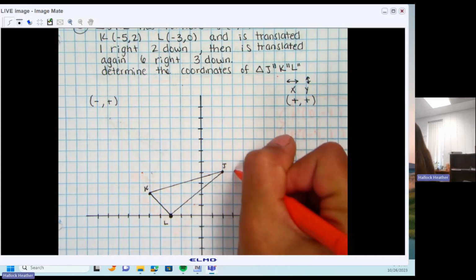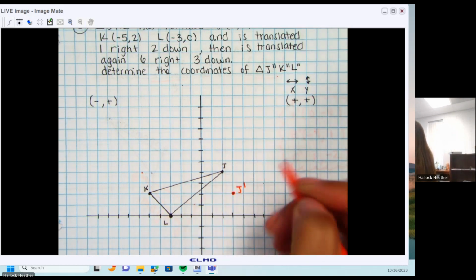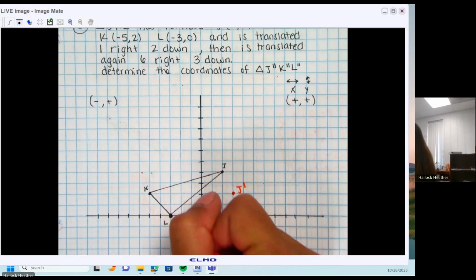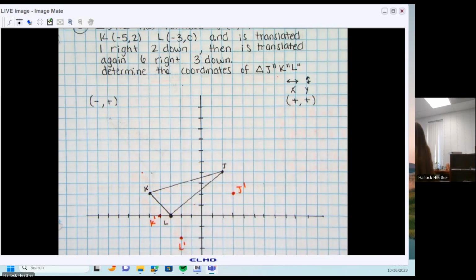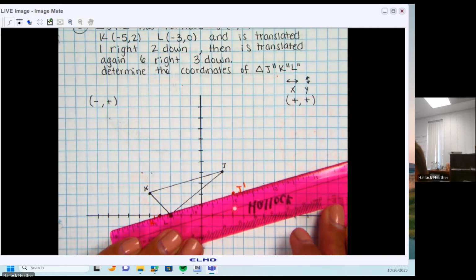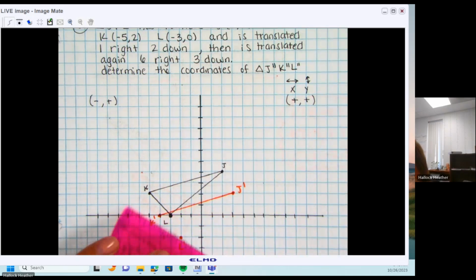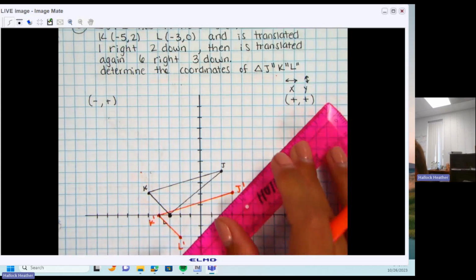So 1 right, 2 down. Each coordinate point moved 1 right, 2 down.